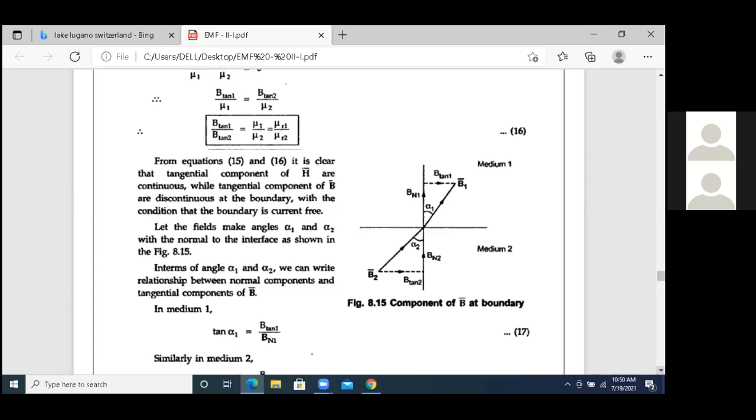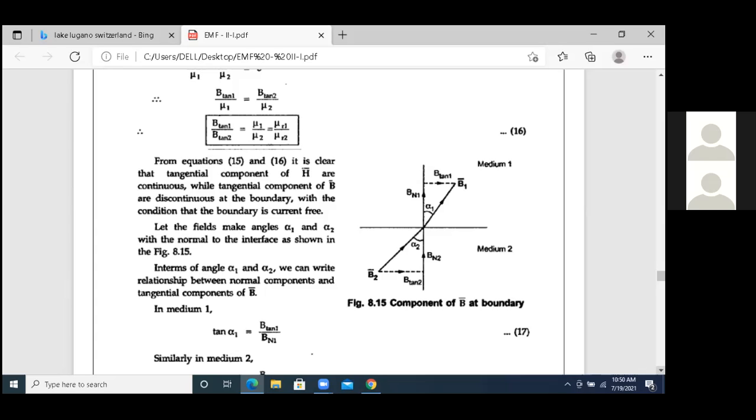You would have E tangential 1 equal E tangential 2, and D normal 1 equal D normal 2.